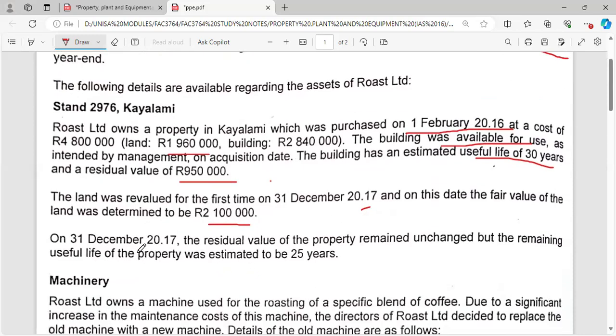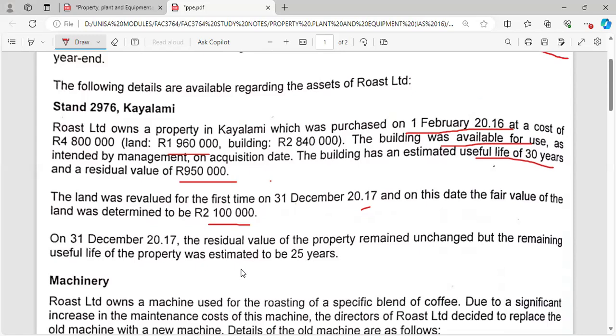Then they say on 31 December 2017, the residual value of the property remained unchanged, but the remaining useful life of the property was estimated to be 25 years.